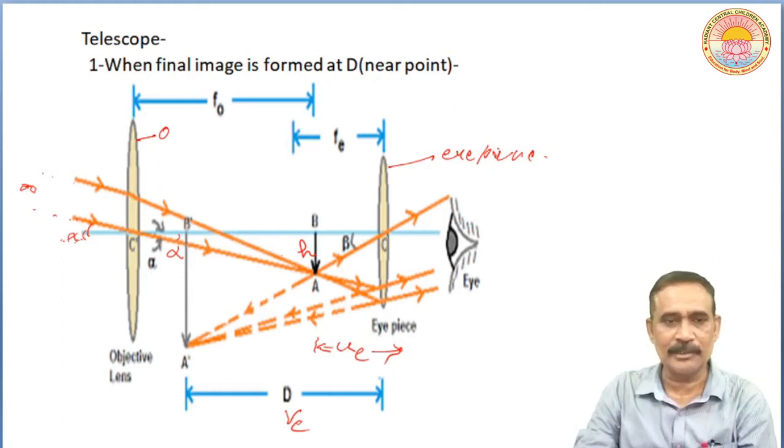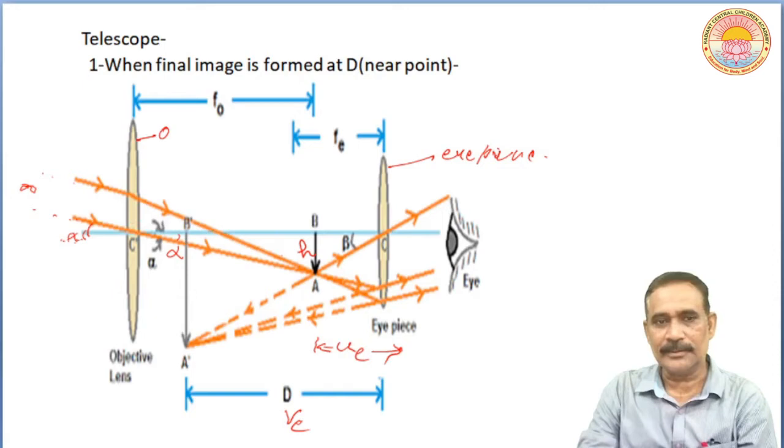Why would the objective have a large aperture? Because the object is a distant object like stars, planets, etc. So it is made of a large aperture to gather large light rays to form a clear image.